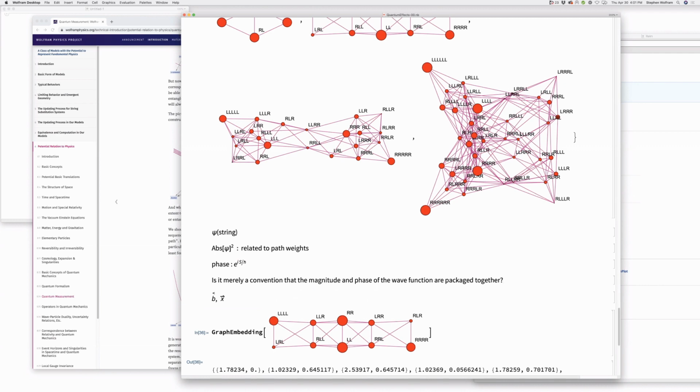Because that's been that way ever since then. And it is interesting that the path integral doesn't talk about the magnitude of the wave function. Right. And similarly, measurement outcomes don't talk about the phase, because I think they're fundamentally different things. That's really quite interesting.